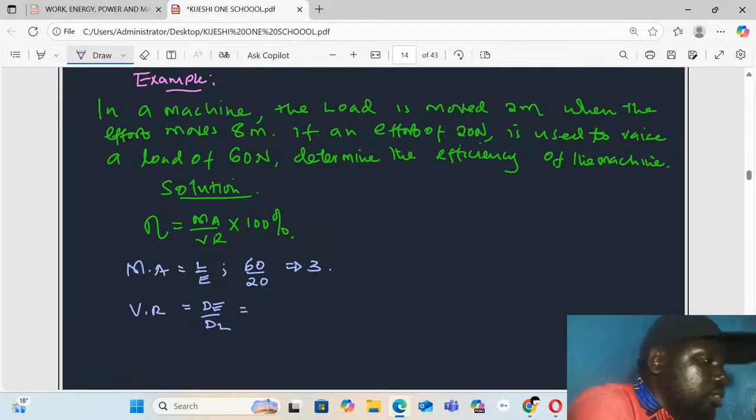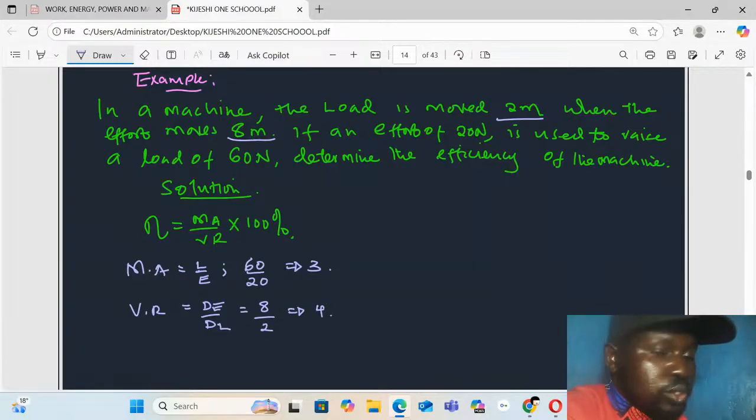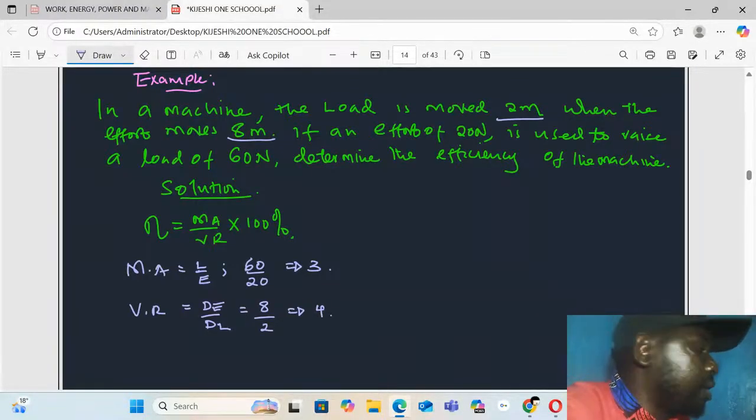In this case, effort distance is 8, whereas our load moves 2. So it is 8 divided by 2, you get 4. So now we can substitute this in our formula here.